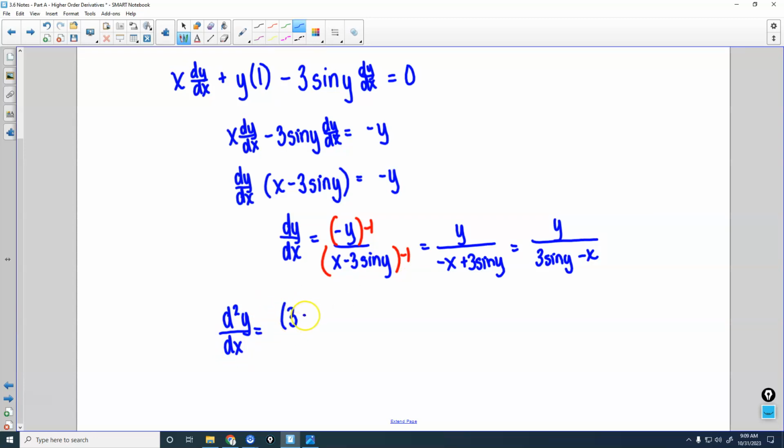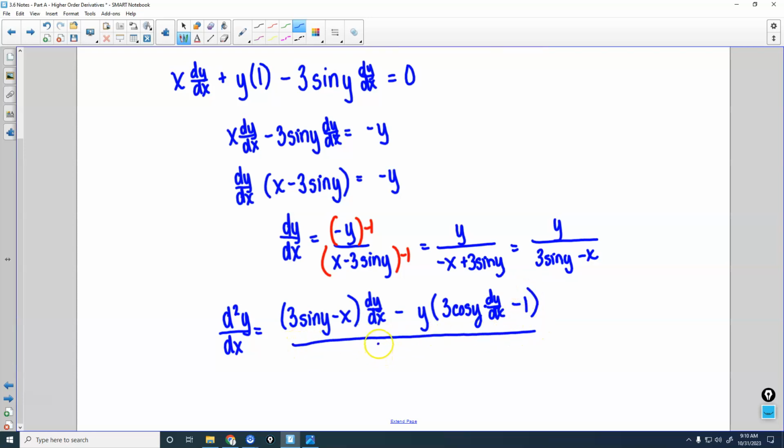We'll do low times the derivative of the high, which is dy dx, minus high times the derivative of the low, which is going to be, derivative of sine is cosine, so that's going to be 3 cosine y times dy dx, minus 1, all over 3 sine y minus x squared.